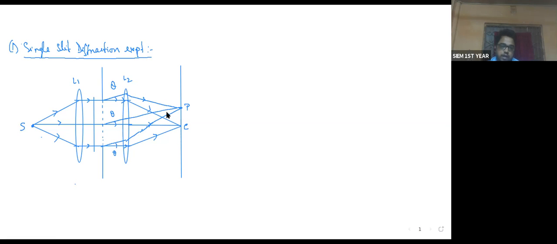Now if the light rays meet and obey some condition, then you can see some bright and dark spot on the screen. So that angle can be anything. Depending on that, they can meet here, here, here, anywhere on the screen. Now total derivation is not required here.